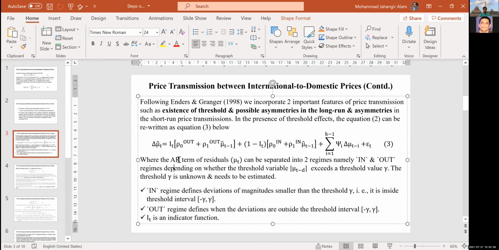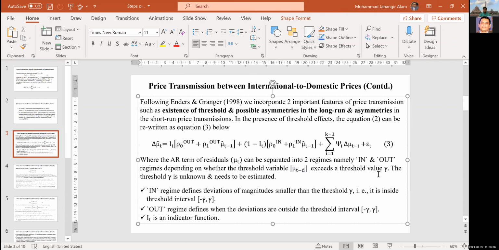So here is the autoregressive term of the residual. This is the residual, and these are the autoregressive terms, right? This can be separated into two regions, namely in and out, depending on the threshold variable, this is mu t minus d. Again, you see that it's d, not any number like 1, 2, or 3.